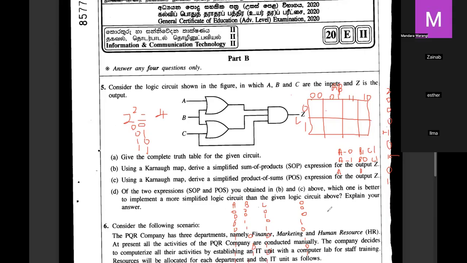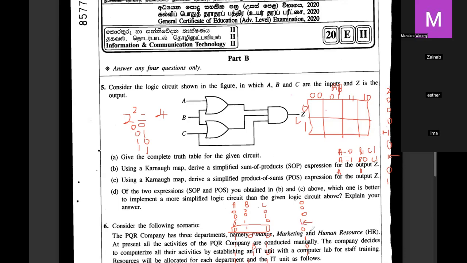So the first place we are getting a 1 is the fourth place, right? It's here, not here, not here. It's this place. So it's 0 for A, B 1, C 1. Can you see? Why are we taking the fourth place? Because that's the place we got 1, right?